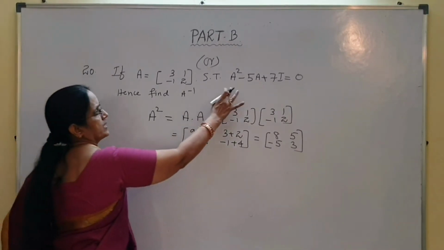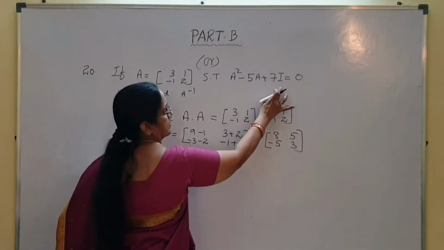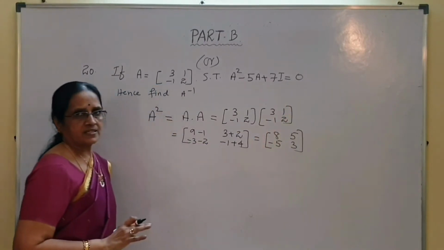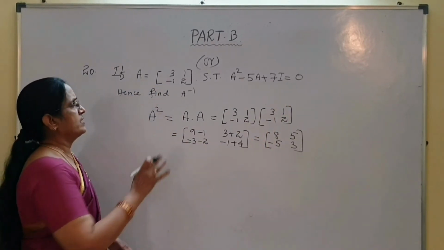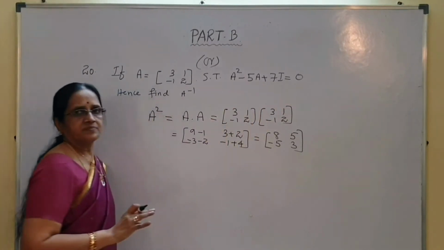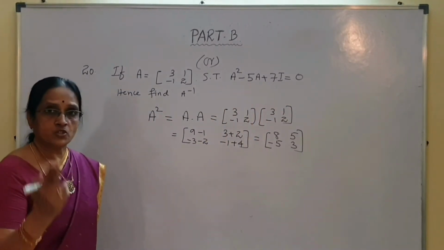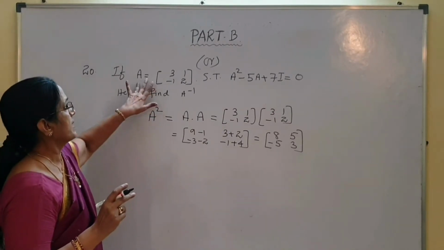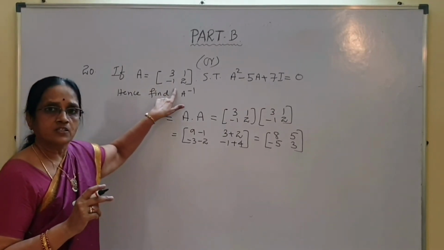I need to prove A square minus 5A plus 7I is equal to 0 matrix. So, let me substitute for A square, A, and for I. I is the identity matrix of order 2 because the given matrix A is of order 2.